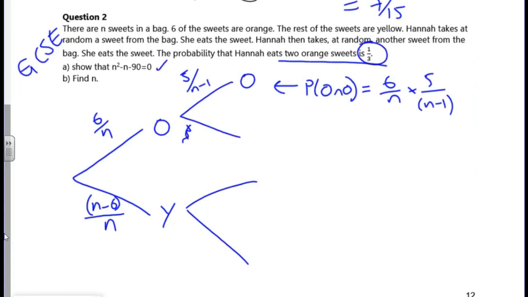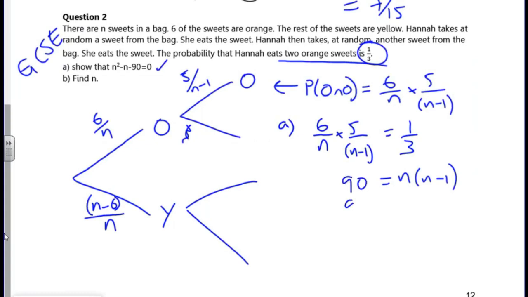So part A is to show that I get that quadratic. So 6 over n times 5 over n minus 1 is equal to a third. If I take the n minus 1 up, then take the 3 up, that gives me 90.